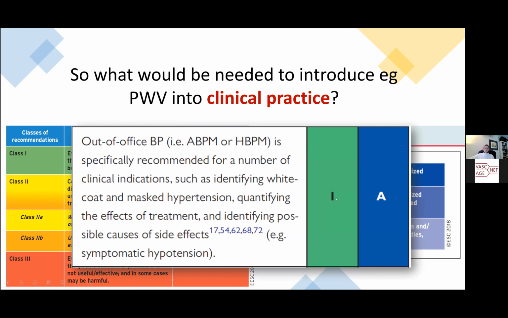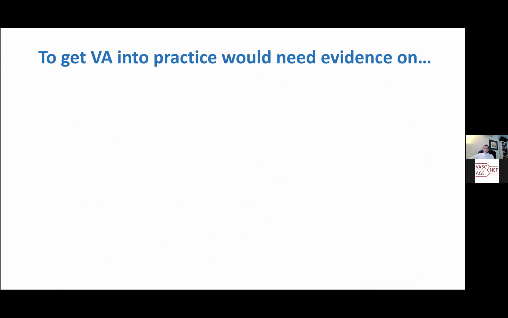So if we look, for example, at ambulatory or out-of-office blood pressure, it's ranked class 1, level A evidence. It's specifically recommended for a number of clinical indications. There's lots of evidence that it is effective to use out-of-office blood pressure. So that is where we would like to be in terms of measures of vascular aging.